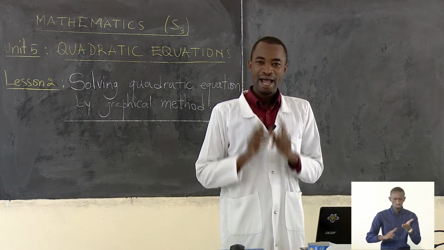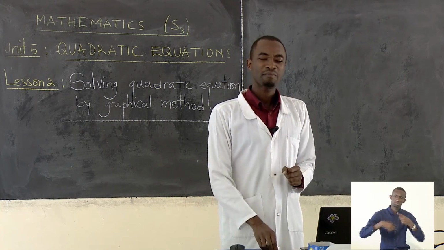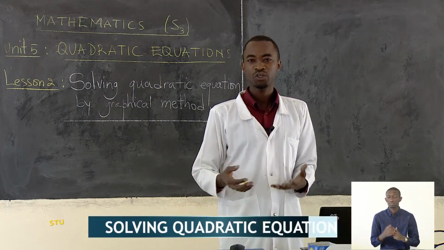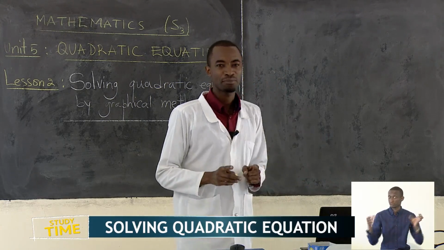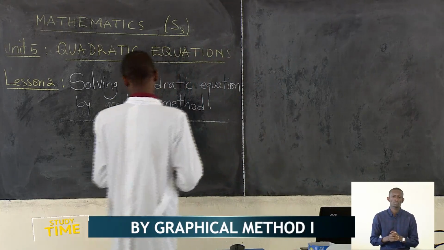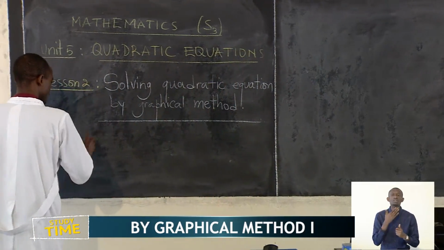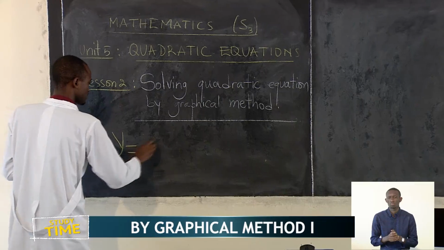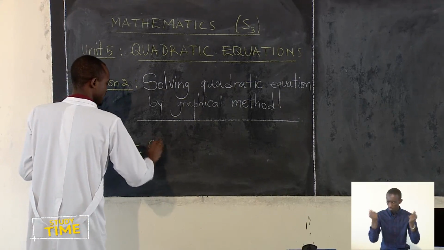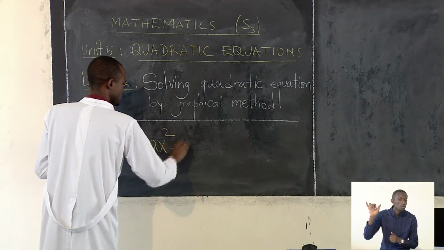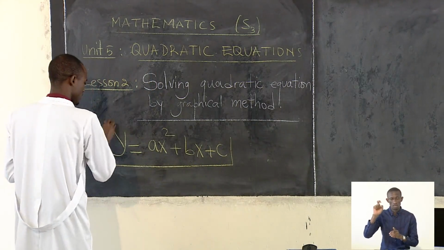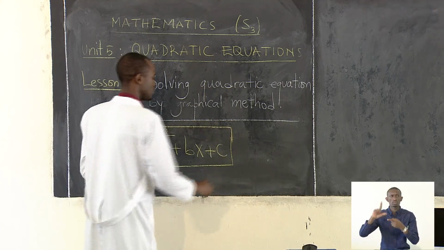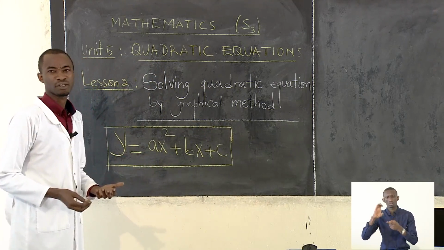Now, I also want you to remember how to write the general equation of a quadratic function. That's also very important. That's why I want you to know it. Whenever you have y equals ax squared plus bx plus c, you remember this is the general form of a quadratic function.